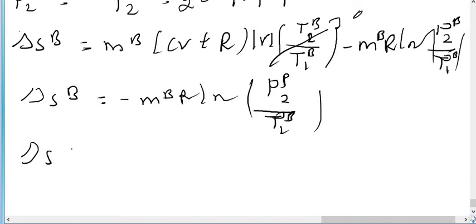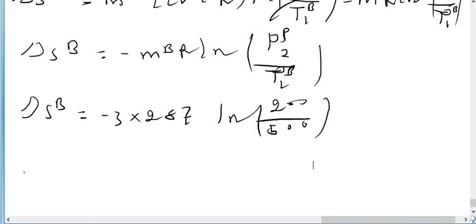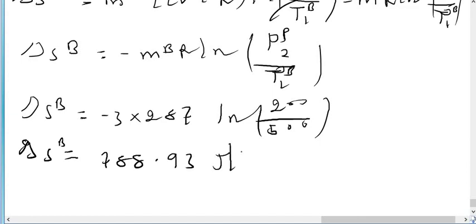So the entropy is equal to minus 3 times the gas constant, ln 200 over 500. So the entropy in B is equal to 0.93 joule per Kelvin.